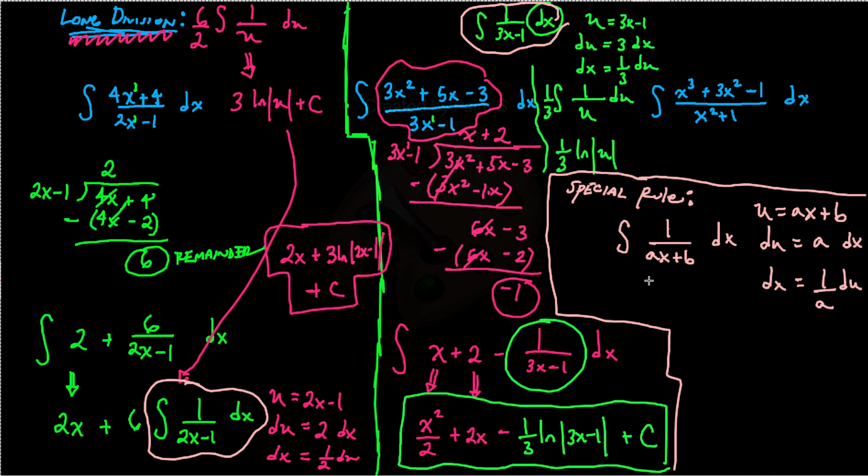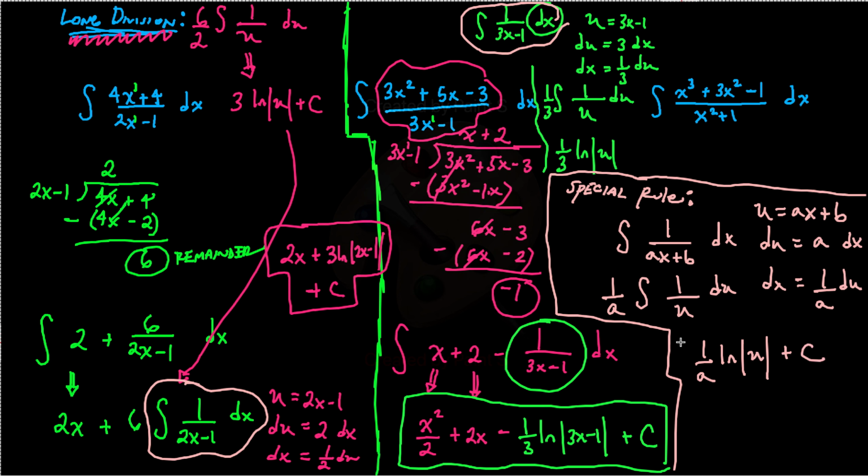And now I substitute. So now I get the integral 1 over, instead of writing ax plus b, I write u, and instead of dx, I'm going to factor out a 1 over a and write du. Now I take the antiderivative of 1 over u, that's ln absolute value of u. There's the 1 over a here, plus c.